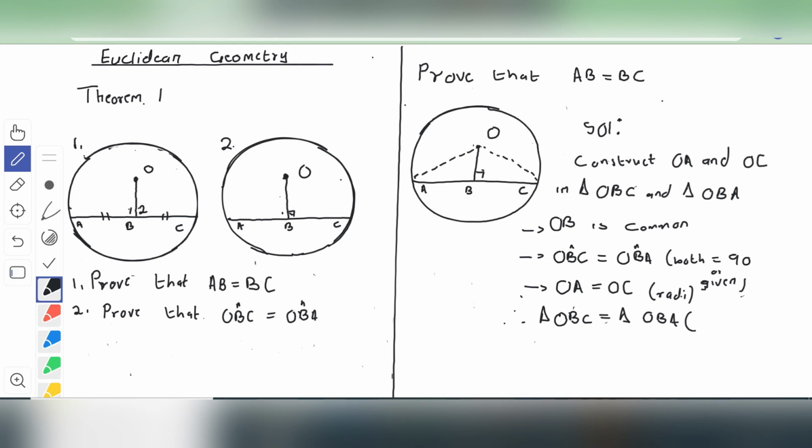The first thing we said is that OP is common. Is OP a side or angle? It's a side, therefore we write what? The side. From the second one, we proved that angle OPC is equals to angle OPA, which they are both equals to 90 degrees, meaning we proved what? An angle, therefore we write angle. Lastly, we are talking about OA and OC, which are the sides. We write it down.